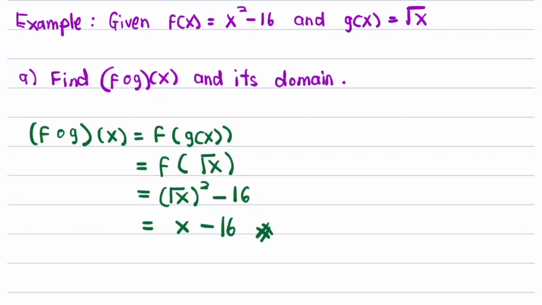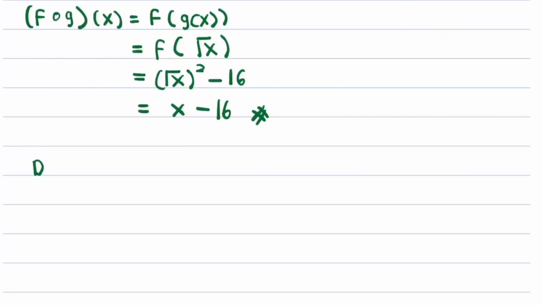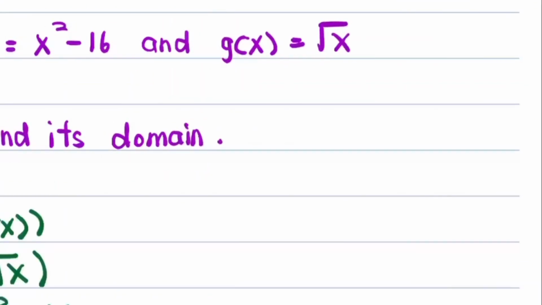If they ask for the domain, the domain of f composite g is the domain for the inner function, which is the domain of g, intersect with the domain overall, which is the domain of f of g(x). Looking at g, it is a square root function, so the domain of g is x greater than or equal to 0.